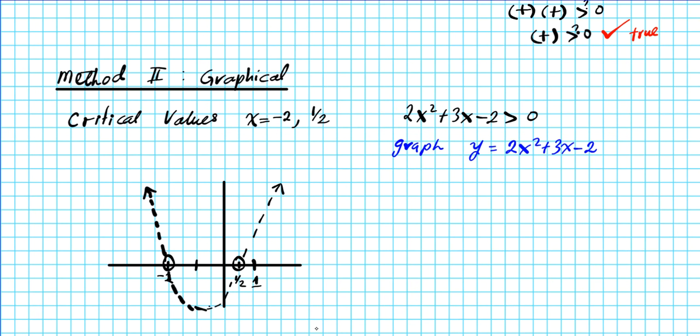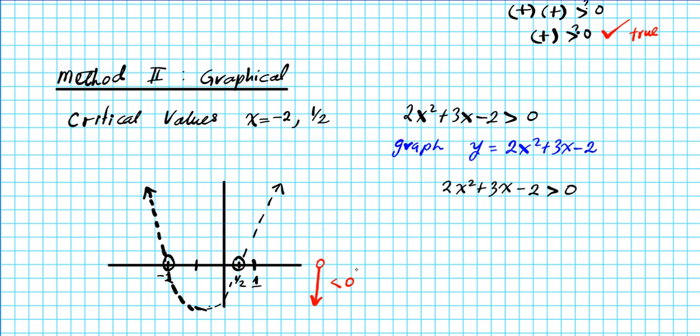Okay, so what we are looking for is where the function 2x squared plus 3x minus 2 is greater than 0. So what portion of this quadratic curve is greater than 0? Now remember, if you are below the x-axis, you're less than 0.